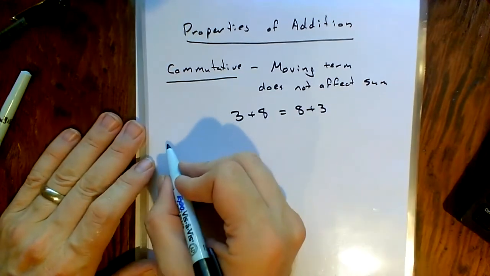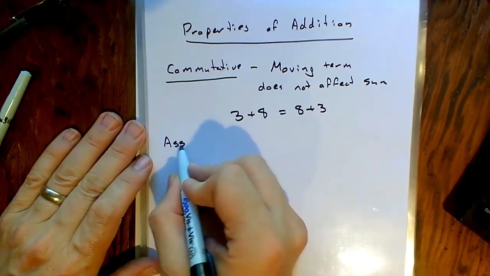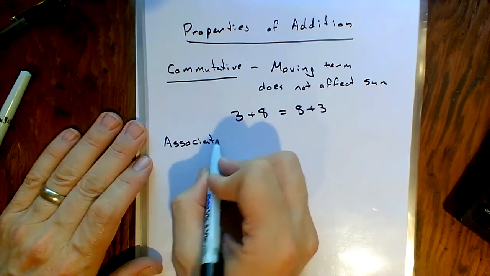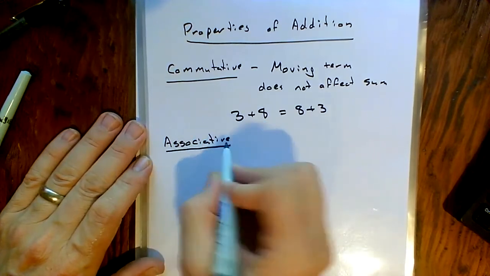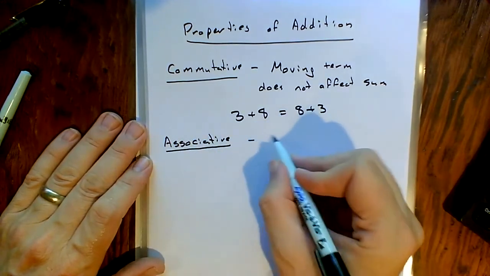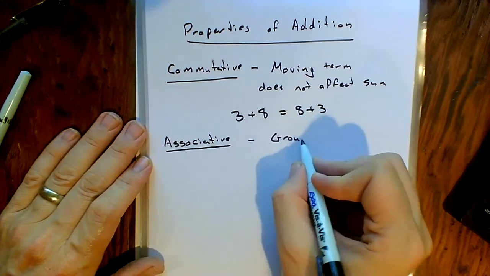We've also got things like the associative property. The associative property basically says that groupings can be changed.